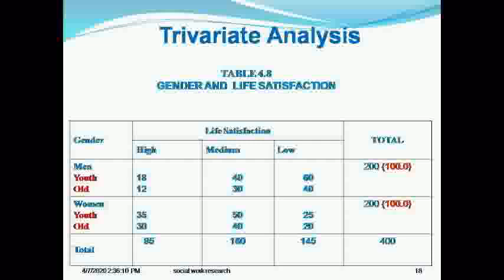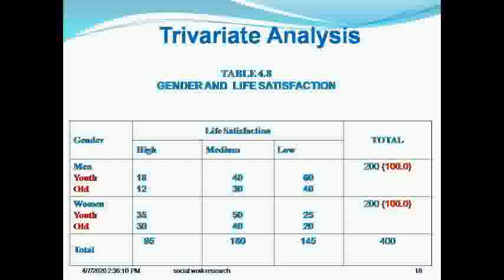So we can find young men 18, old men 12 in the higher level of life satisfaction. In the medium level of life satisfaction, there are 40 youth and 30 old. In the lower level of life satisfaction, 60 youth and 40 old.